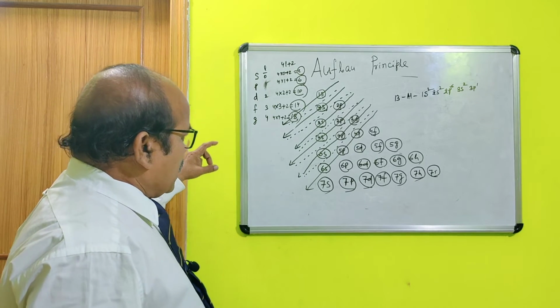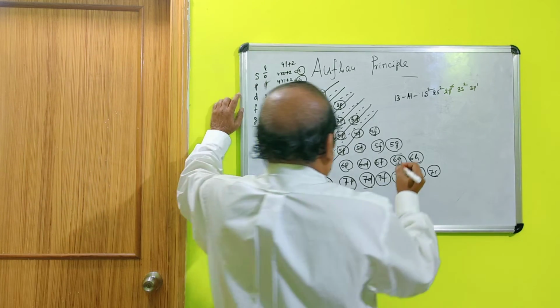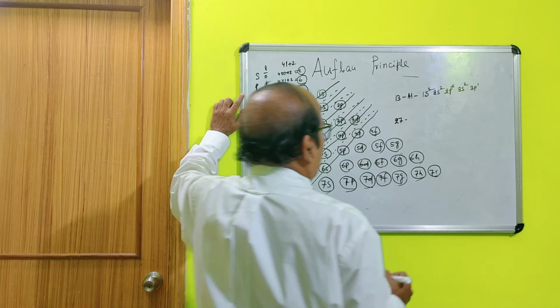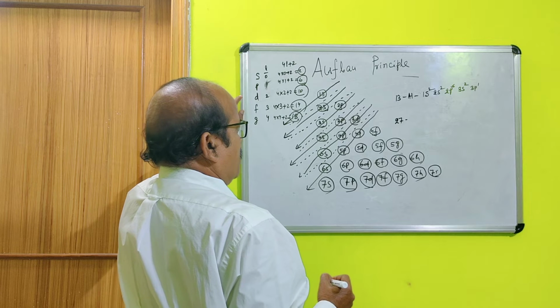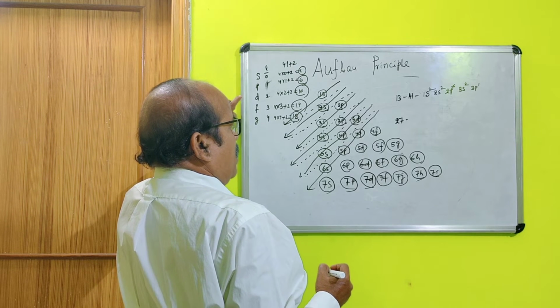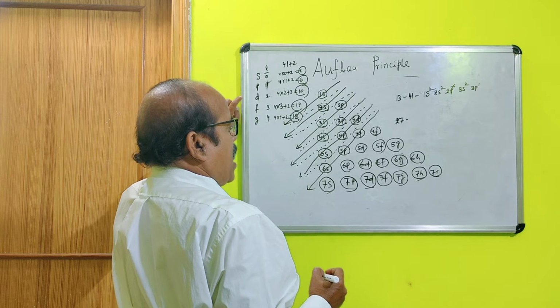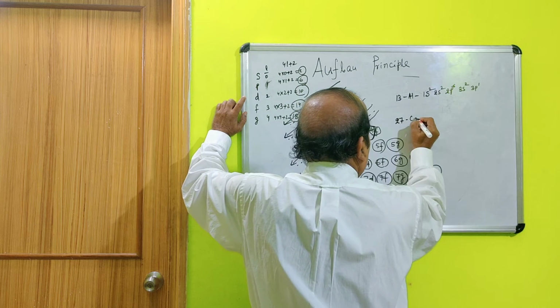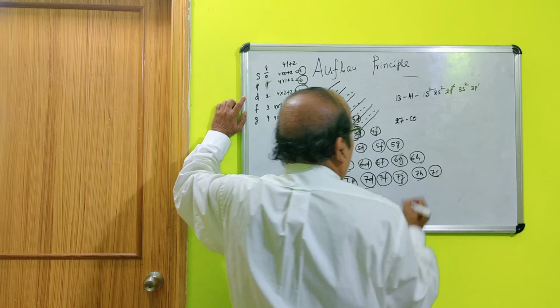Now I shall tell you another example. Suppose for 27. Manganese 25, iron 26, cobalt 27. This is cobalt.